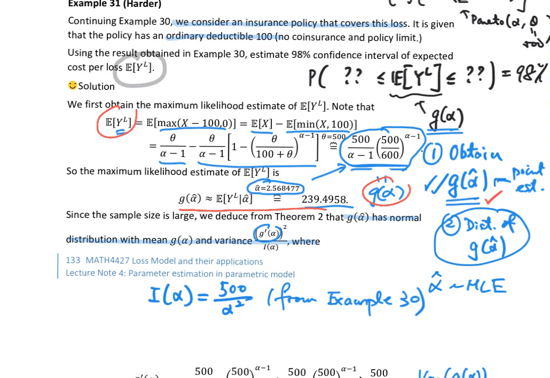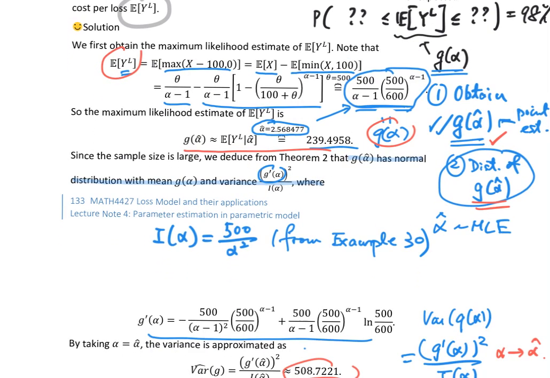Okay, and then the second step: to construct the confidence interval, you try to find the distribution of your estimate. According to the theorem, this will follow the normal distribution.